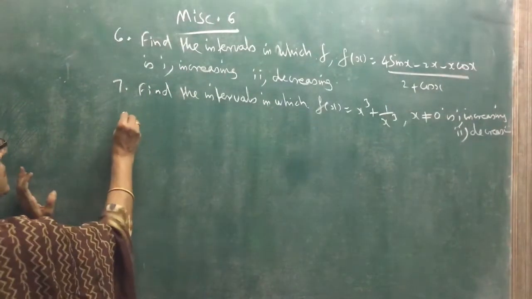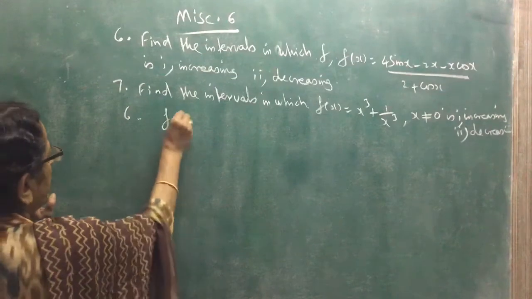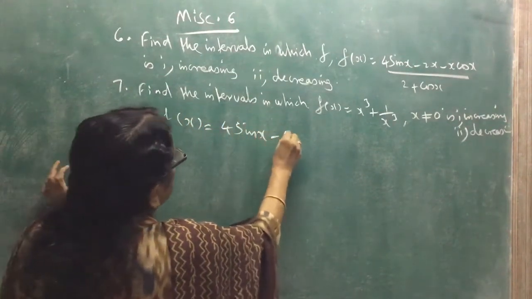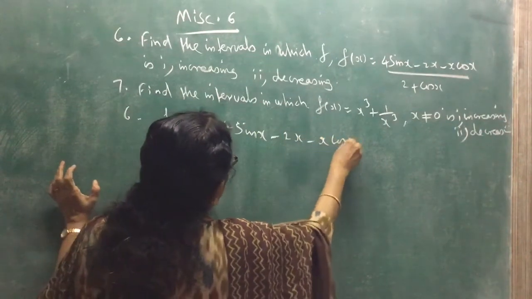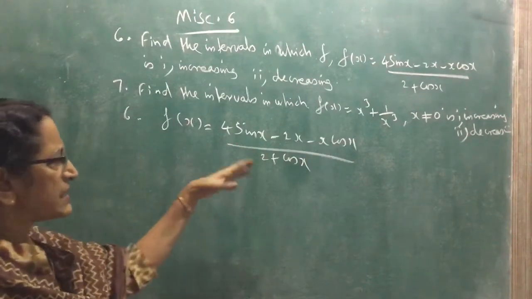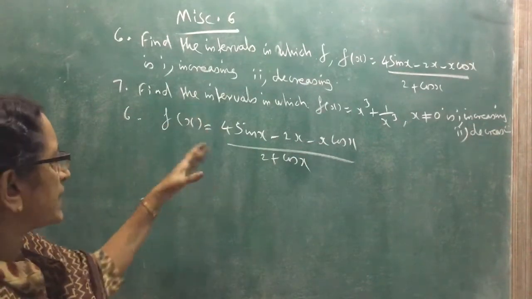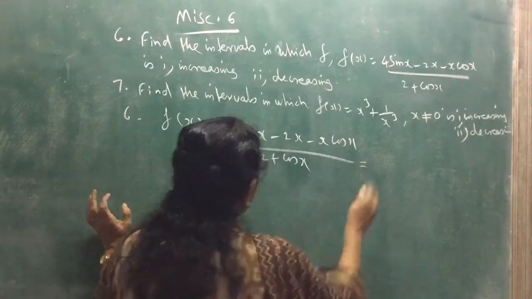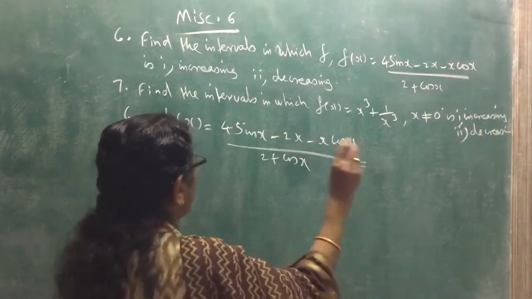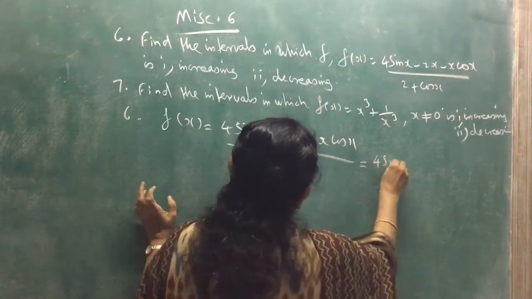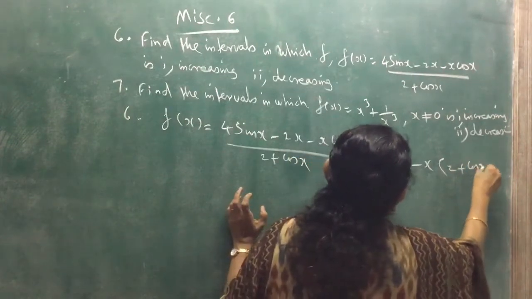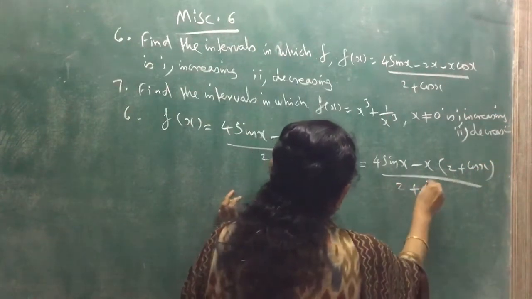Now first we find the derivative. f of x equals 4 sin x minus 2x minus x cos x, all divided by 2 plus cos x. We can simplify this so that the derivative can be found easily. In these two terms, we can take x common. So we can write 4 sin x minus x into 2 plus cos x, whole divided by 2 plus cos x.